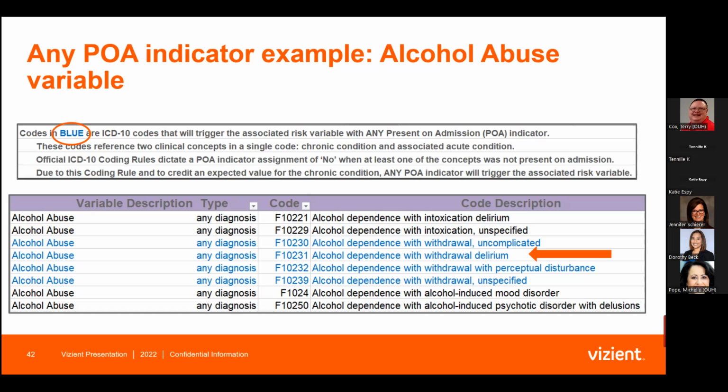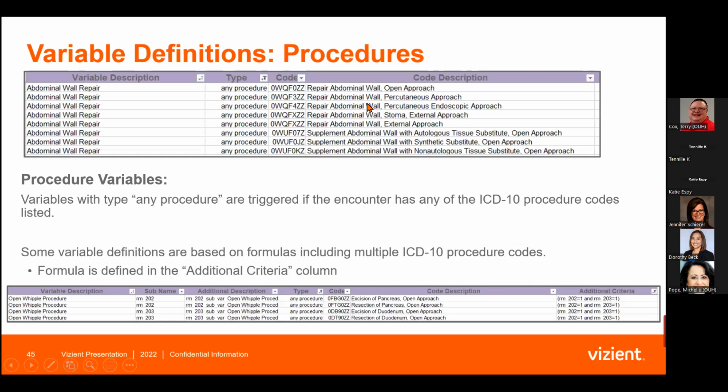All right, so we talked about diagnosis codes. Let's talk about the variable definitions based on procedures. In this example, it's filtered for the variable abdominal wall repair. And if one of the risk ICD codes on the right is in your encounter, that would trigger that because it says any procedure, so any one. And there are procedure risk variables that are also a little bit complicated, just like the DNR, that are based on formulas.